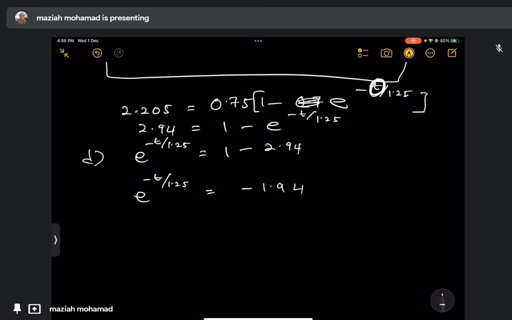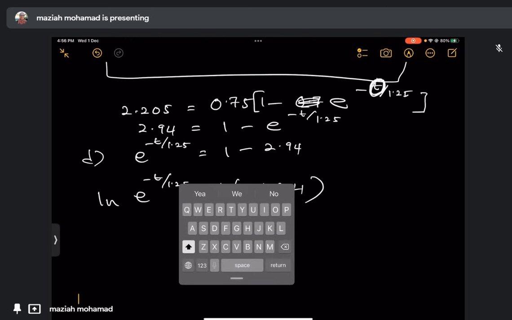Kejap. Then we do ln. Ln. Mana negatif? Negatif 1.94. Oh, tak boleh ln negatif, tak boleh Doktor, tak boleh.